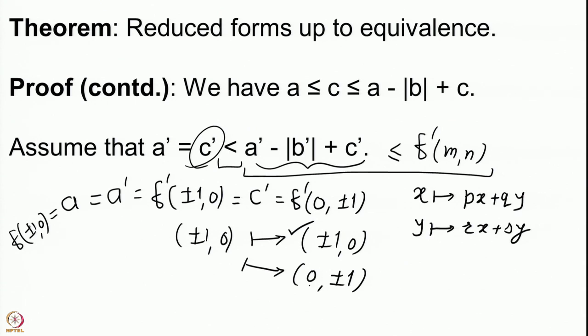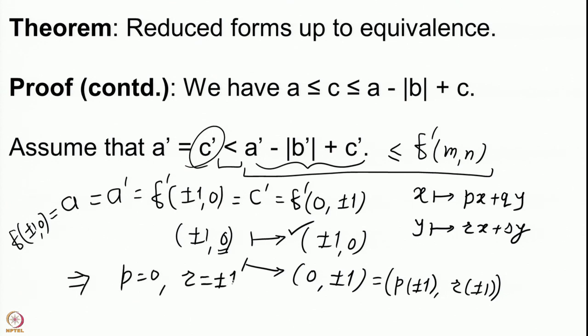So, we will now come to this pair, and here the change that happens, remember y is still 0. So, we get this to be p into plus minus 1 and r into plus minus 1. So, now we get that p is 0, r is plus minus 1.